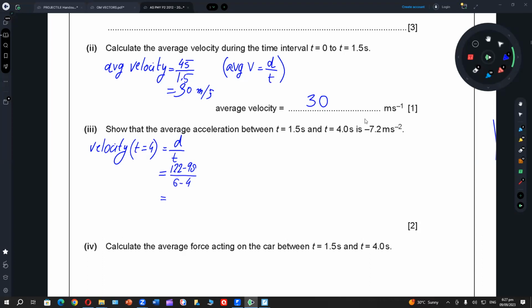Now look at this working. So help me to find the velocity.